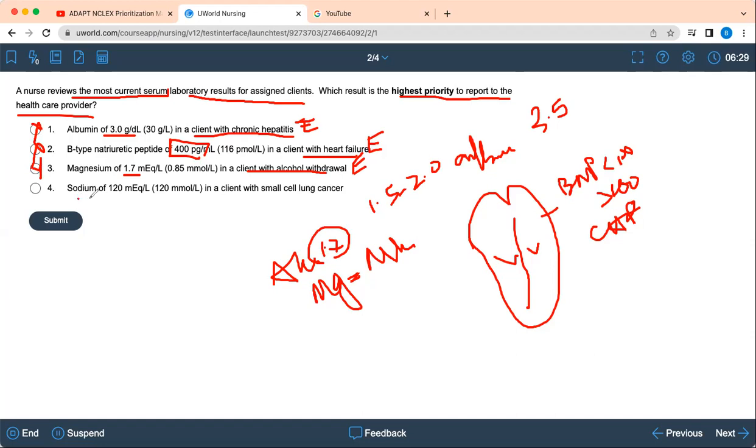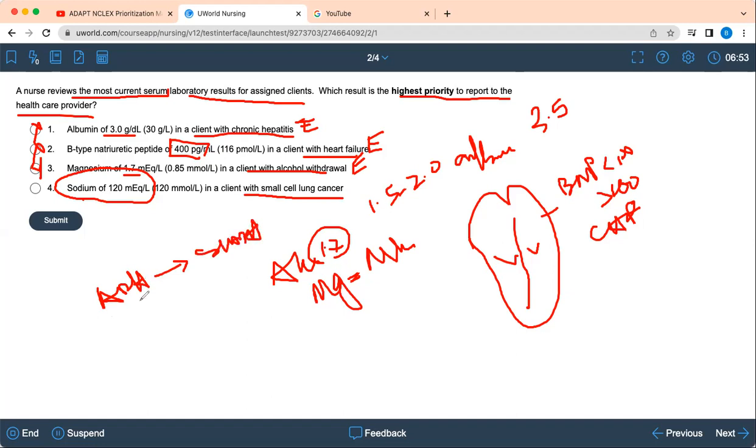But let's see. Sodium 120. I told you, electrolyte imbalance. Sodium in a client with small cell lung cancer. Patients who have small cell lung cancer, the cancer secretes high levels of ADH. Therefore, this leads to SIADH.